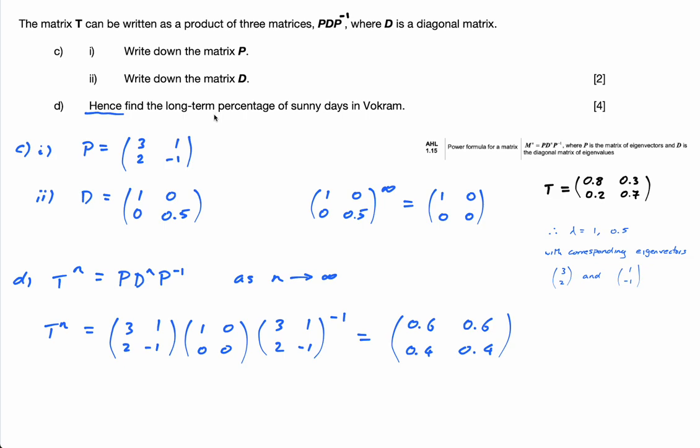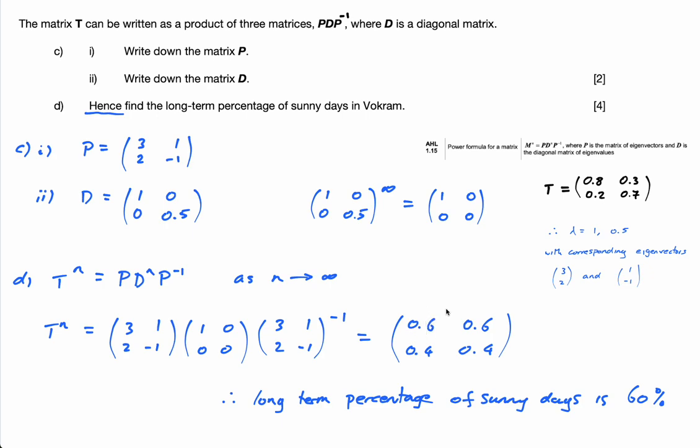So the long-term percentage of sunny days is 60%. What this element means is: if it's sunny today, what's the probability it will be sunny in an infinite number of days, let's say 1,000 days?